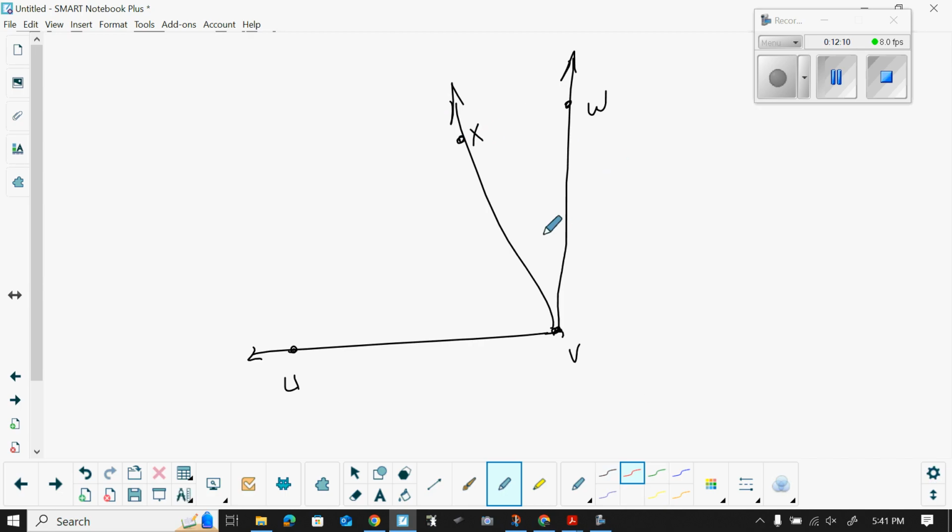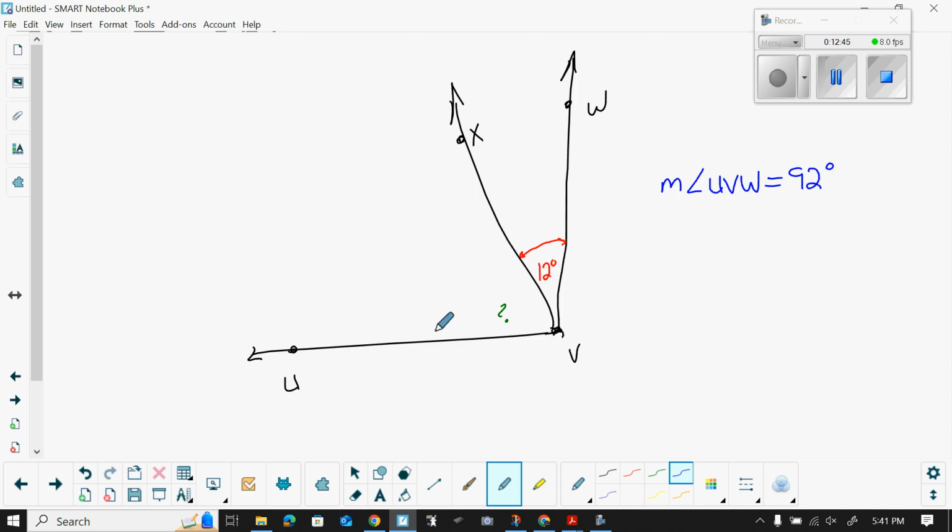And let's say that I told you that this opened up from here to here, or the other way, right? This little mouth has been opened up. Let's say it's only been opened up 12 degrees. Let's say I don't know what this one is. But let's say I did know that the measurement of angle UVW is equal to 92 degrees.